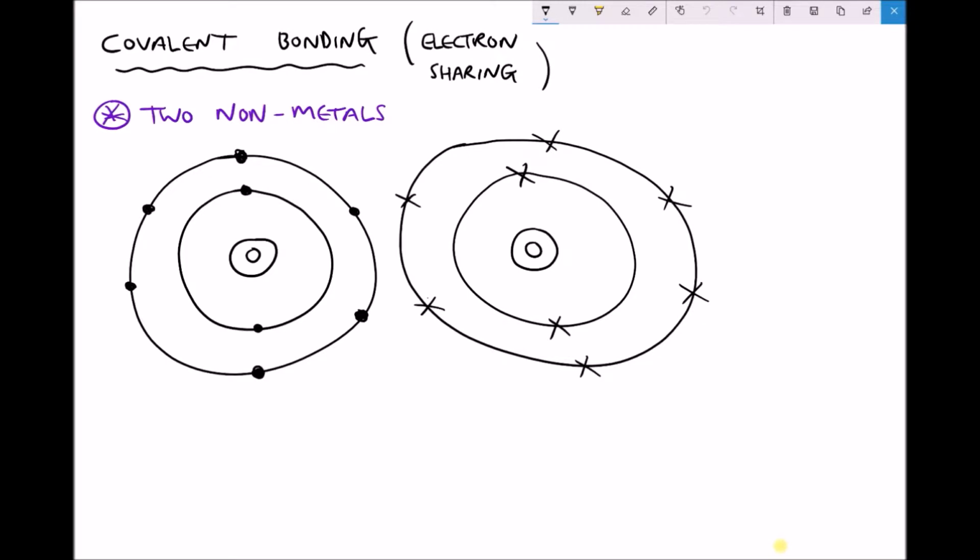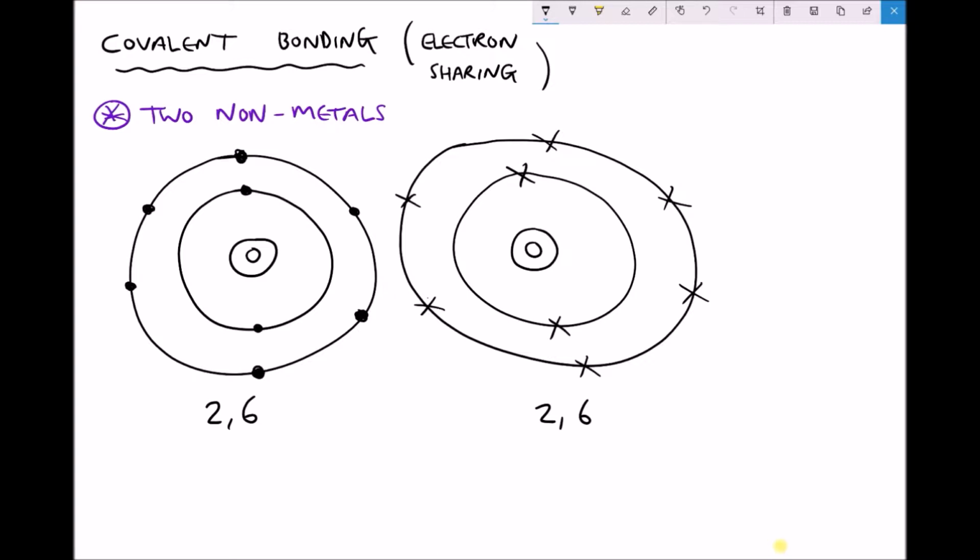Now, a useful place to start here is to consider oxygen. We know from earlier tutorials that the electron configuration of oxygen is 2,6 because oxygen has 8 electrons. And here we have 2 oxygen atoms drawn on the screen. Each of these oxygen atoms wants to gain 2 electrons in order to become stable.